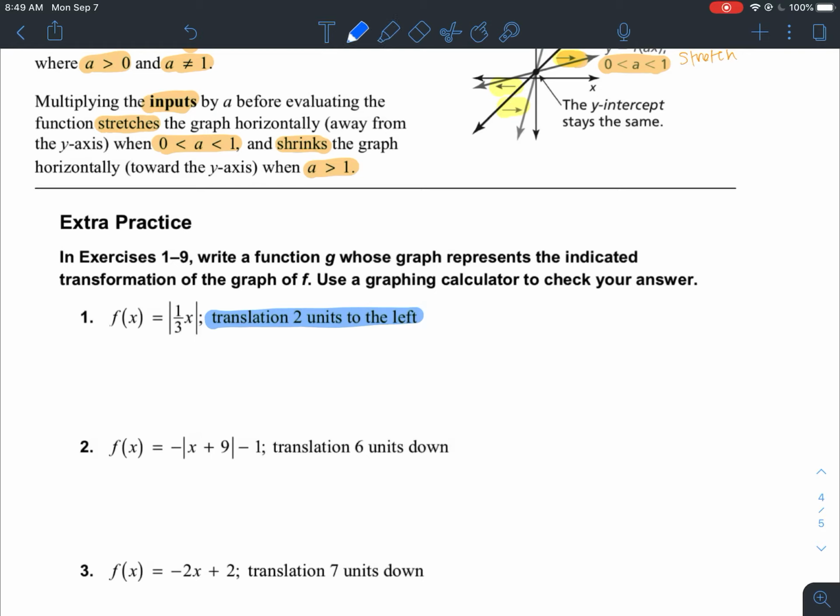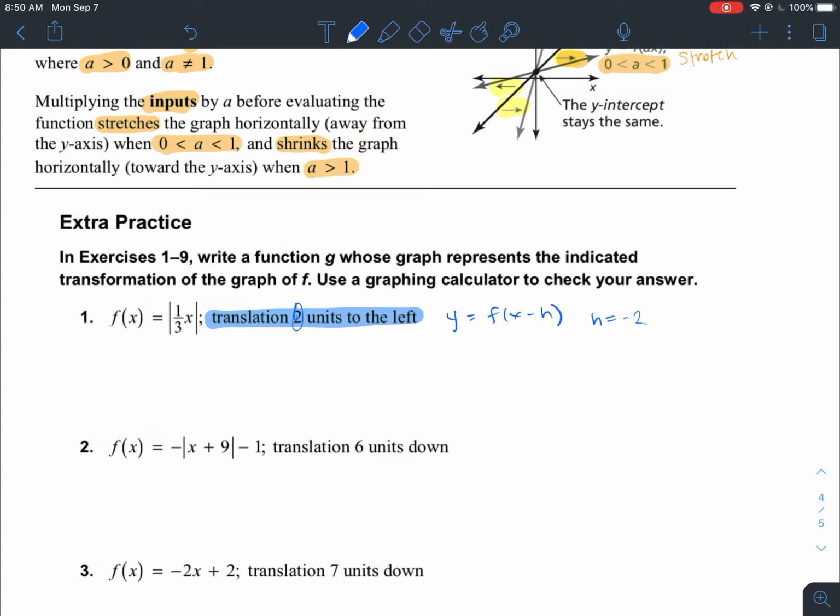So let's write down our function right here. So if we go back up to the horizontal translation, we said y is equal to f of x minus h, right? Okay, now what is h in this case? Well, h is 2 right there. So h is equal to 2, but we're saying to the left 2. So h is equal to negative 2.